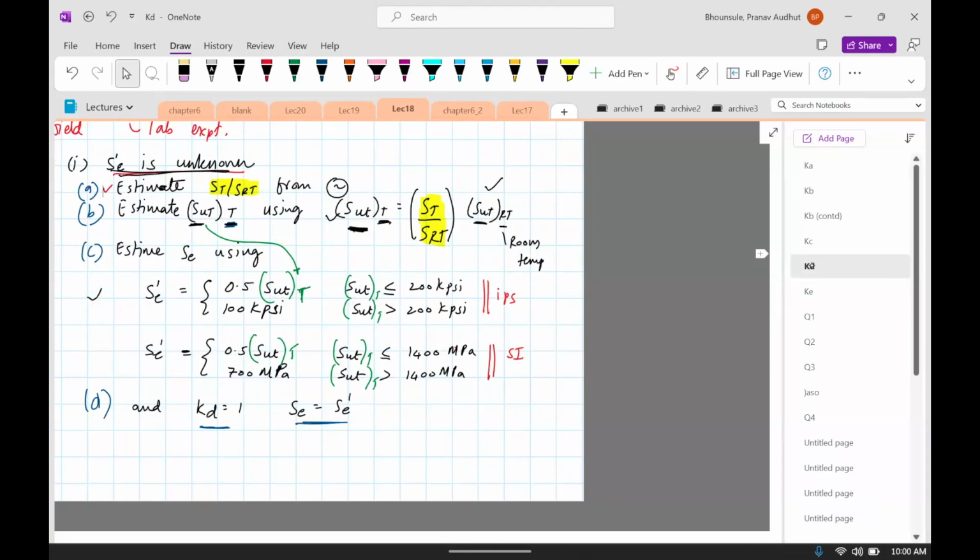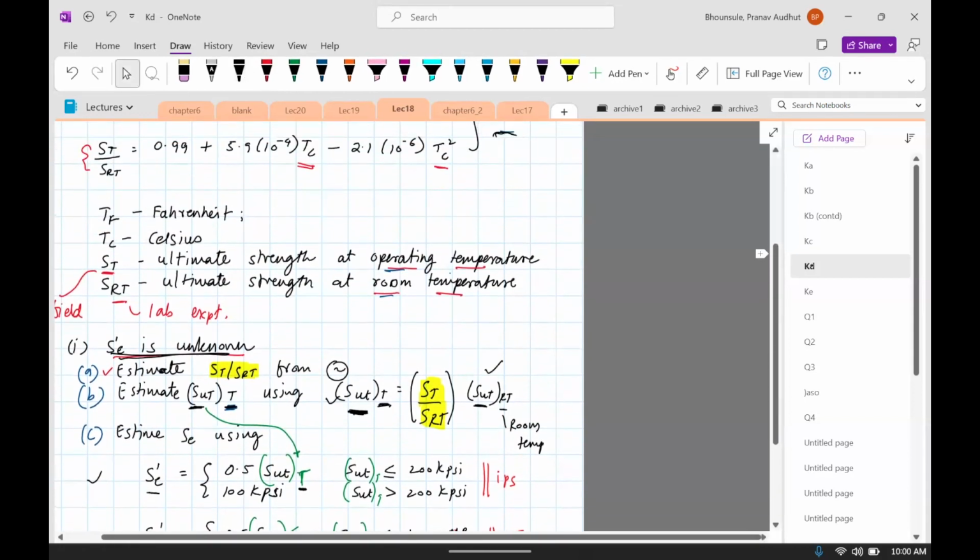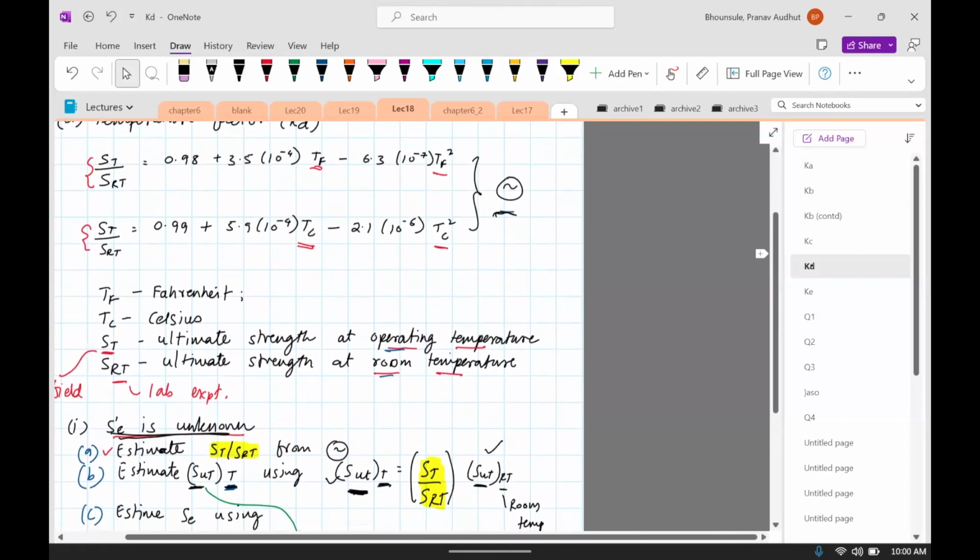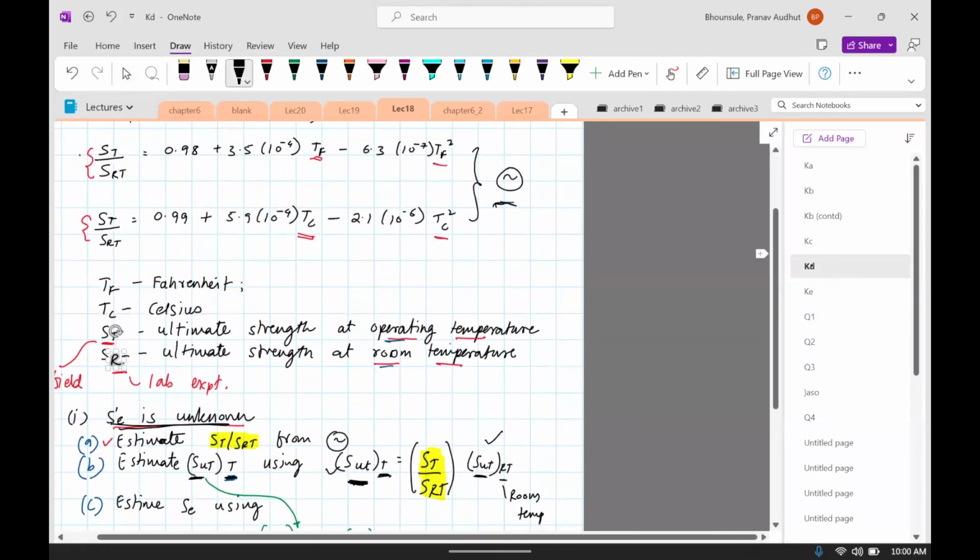What this is going to help us do is compute what SE prime is, because SE prime is unknown. We need SUT at temperature, which means that we need to first get it from this. So basically we start from here. This is basically telling you how temperature affects the ultimate strength. So let's go with this.